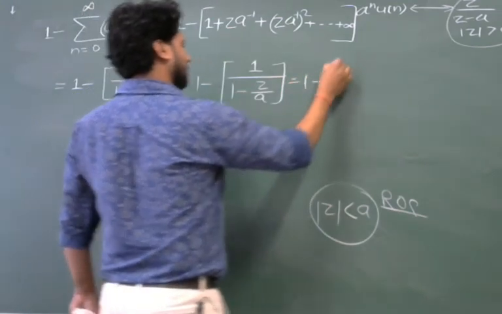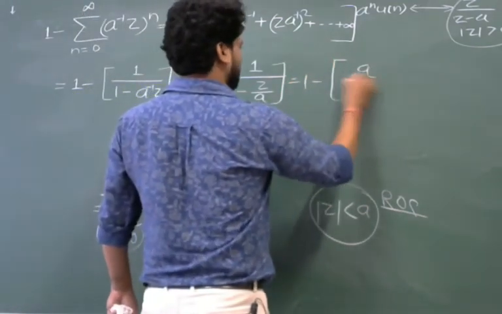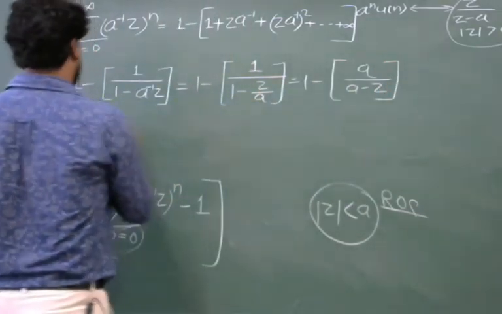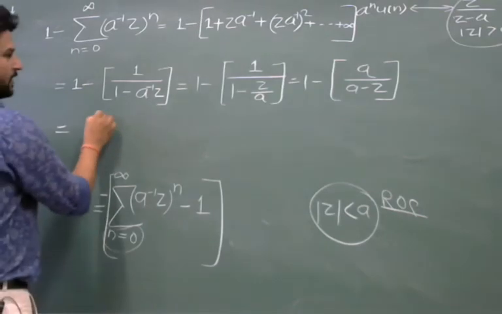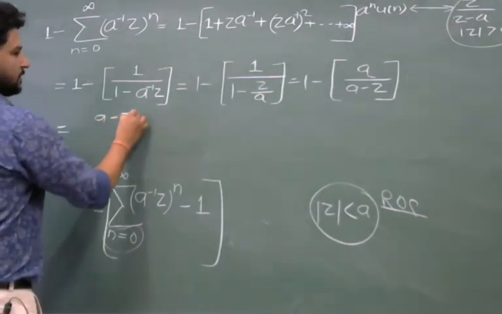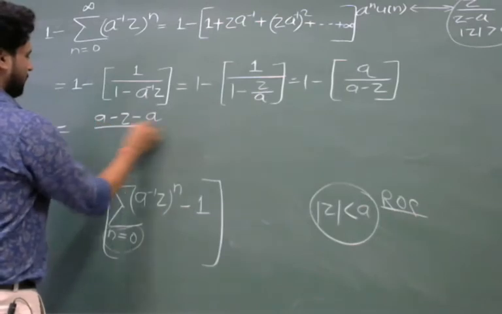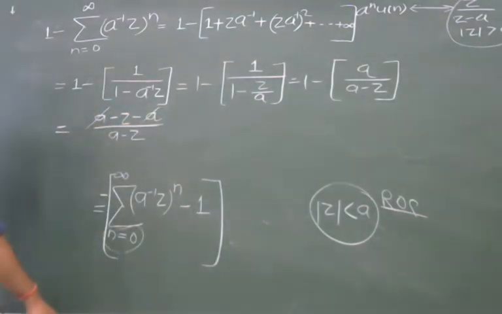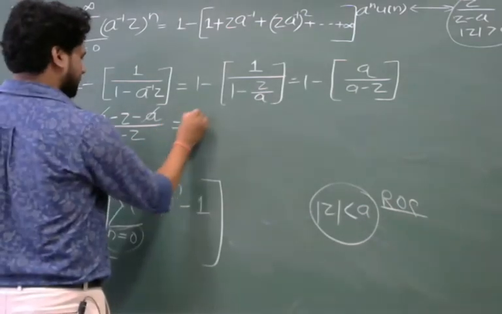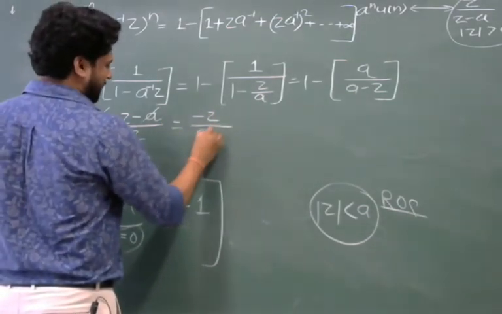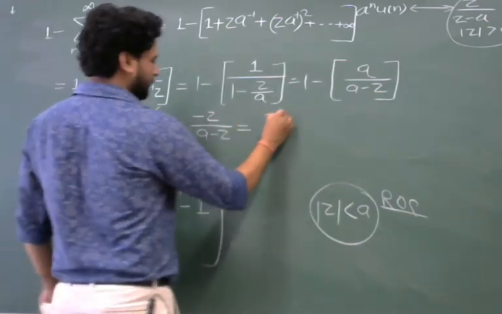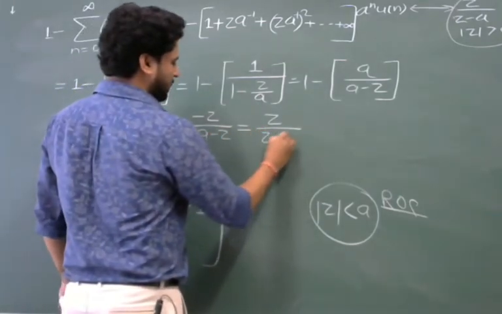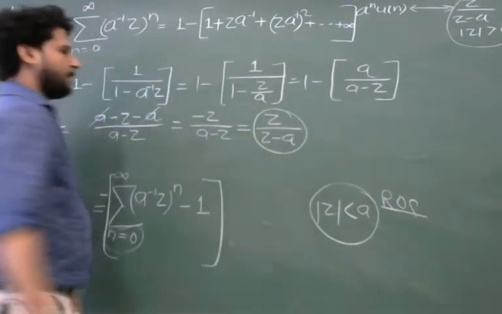So this will become a upon a minus z, or this can be further simplified as a minus z minus a upon a minus z. So this a and this a will cancel each other. This will become minus z upon a minus z, or multiplying negative in the denominator and numerator, this will become z upon z minus a.